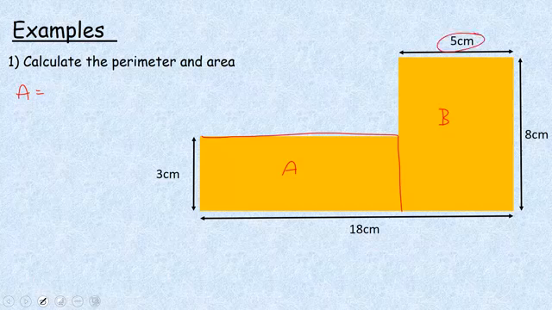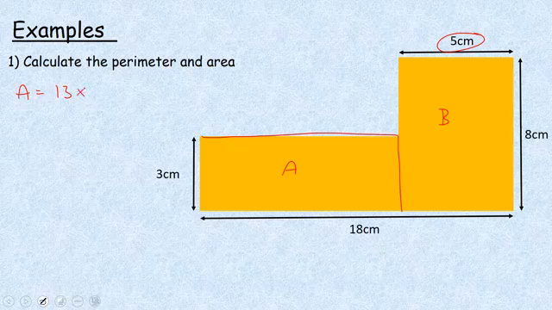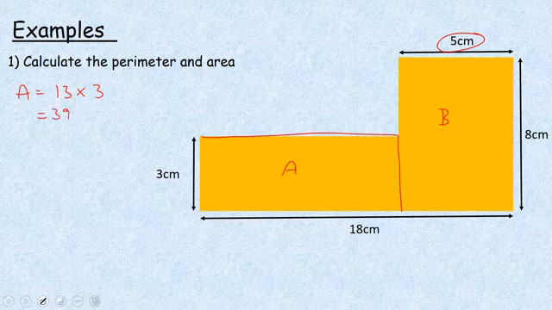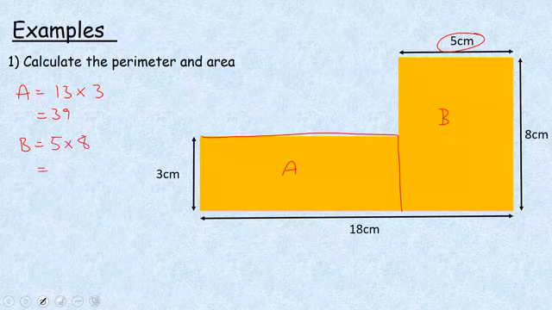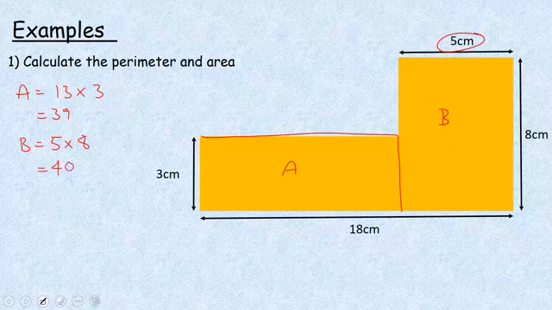take away this 5 here. So I've got 13 multiplied by 3, which would give me 39. And then B, I've got all the information I need for B. I can just see that it's 5 times 8. No, 5 times 8 is 40.